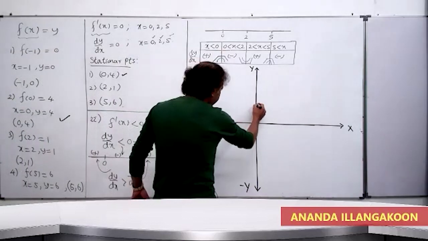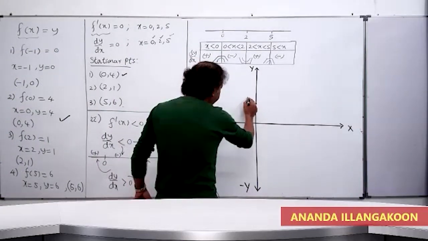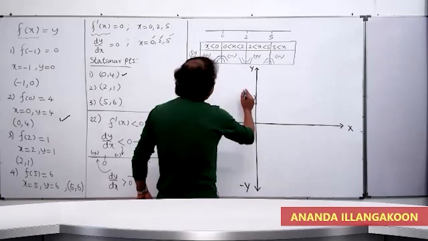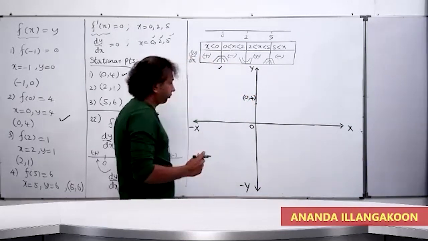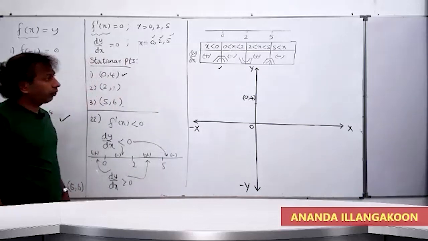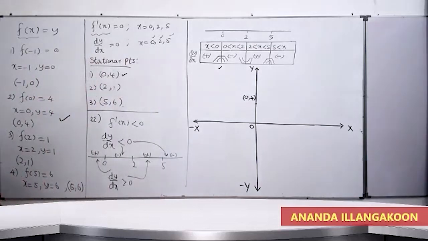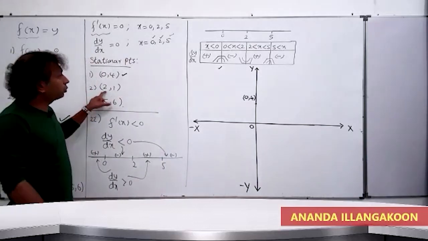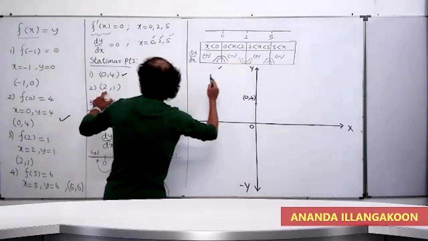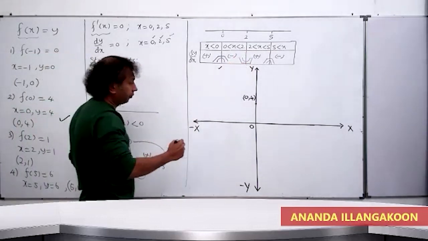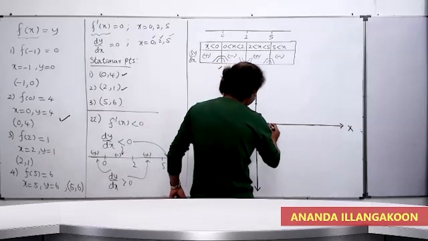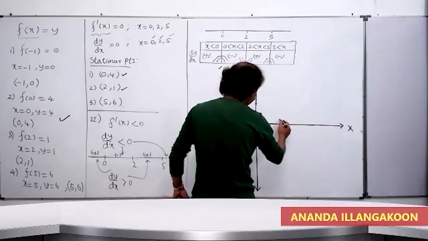Somewhere here, (0, 4), we have a maximum stationary point. And next one, x equals 2 here, minimum. When x equals 2, y is 1. I'll take somewhere here. Here (2, 1).